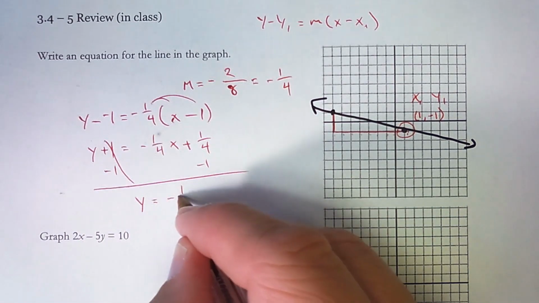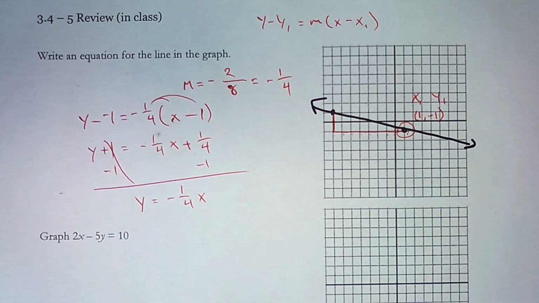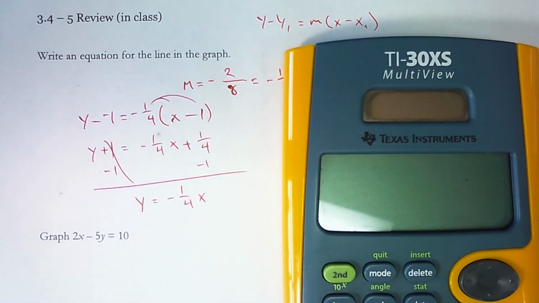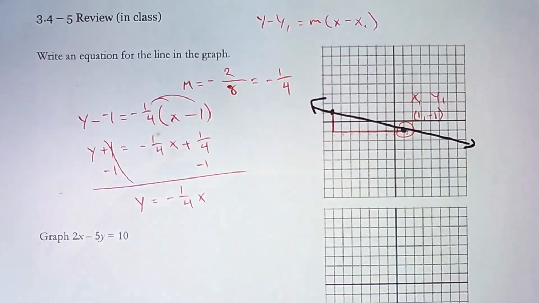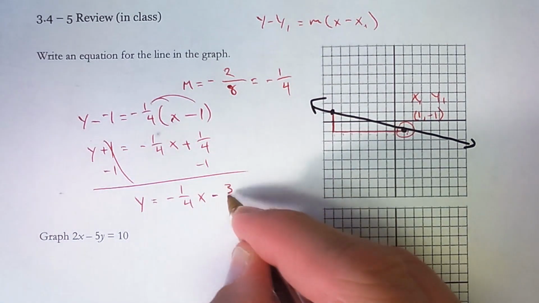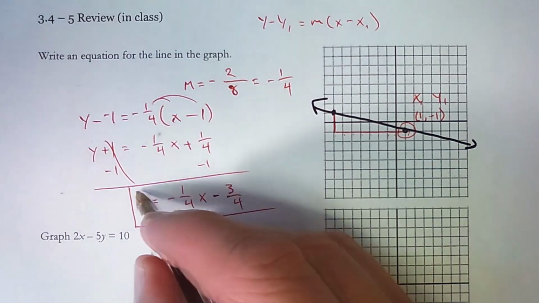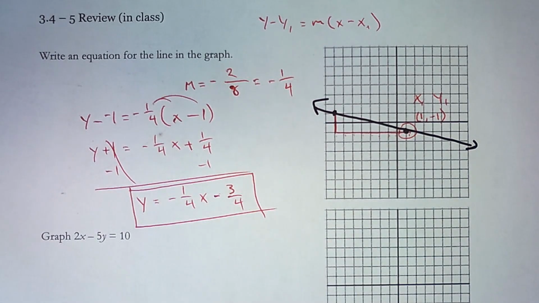So we get y equals -1/4 x, and then 1/4 minus 1 is -3/4. So there is our equation.